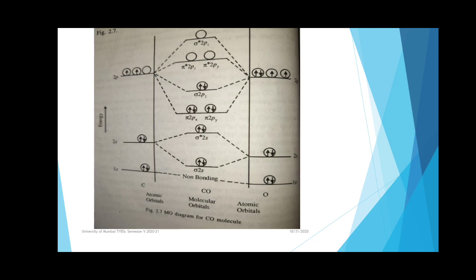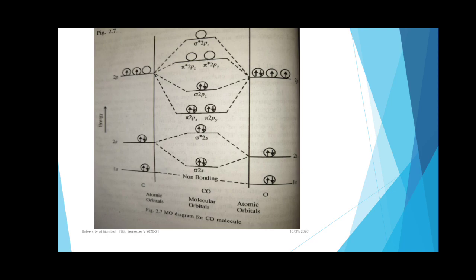As I said, in the diagram, on the left hand side there are the atomic orbitals of carbon, 1s, 2s and 2p, while on the right hand side you can see the atomic orbitals of oxygen, that is 1s, 2s and 2p. In carbon, 1s has 2 electrons, 2s has 2 electrons and 2p has 2 electrons.